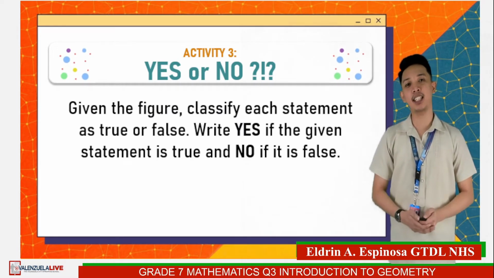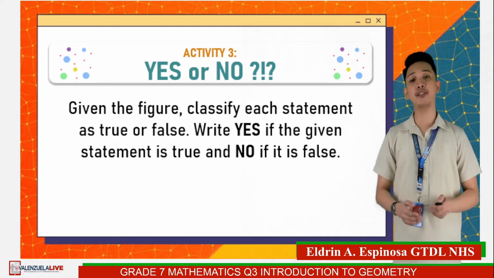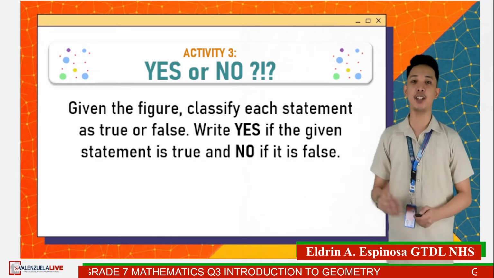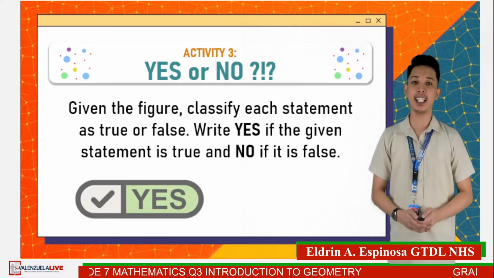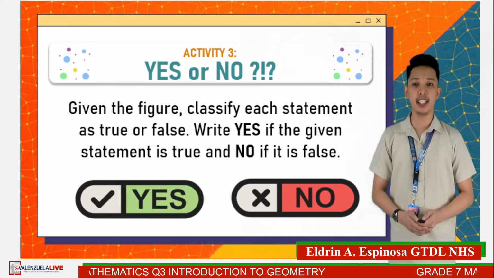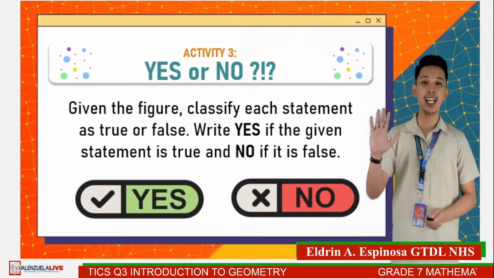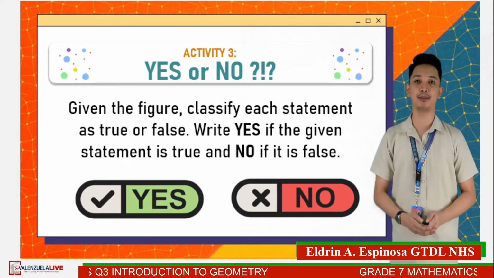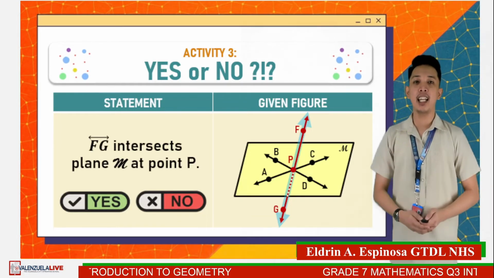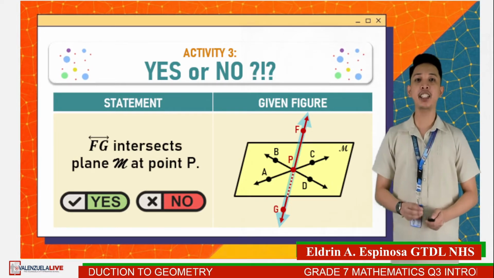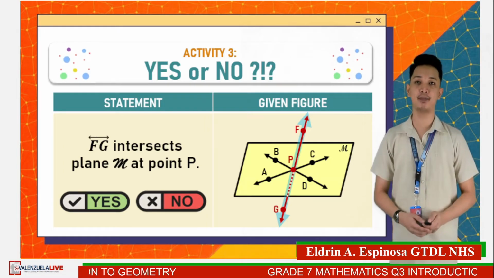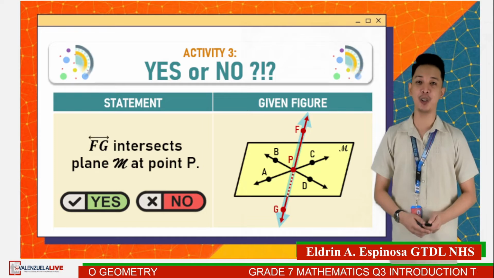In this activity, all you have to do is to classify each statement as true or false in the given figure. Write yes if the given statement is true and no if it is false. You have 5 seconds to answer. First statement, line FG intersects plane M at point P. Yes or no?